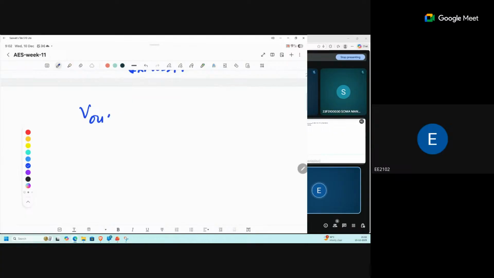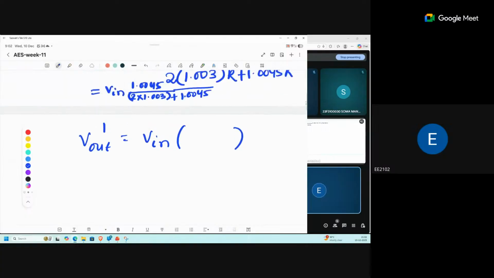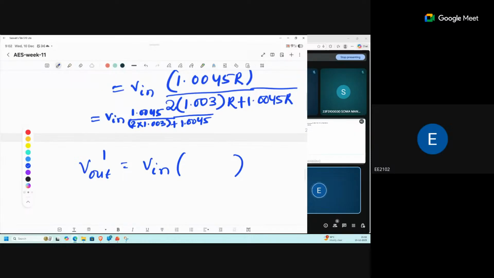V out dash, I can write V in multiplied by what is the factor you are getting here? Shall I use the calculation or you are using?